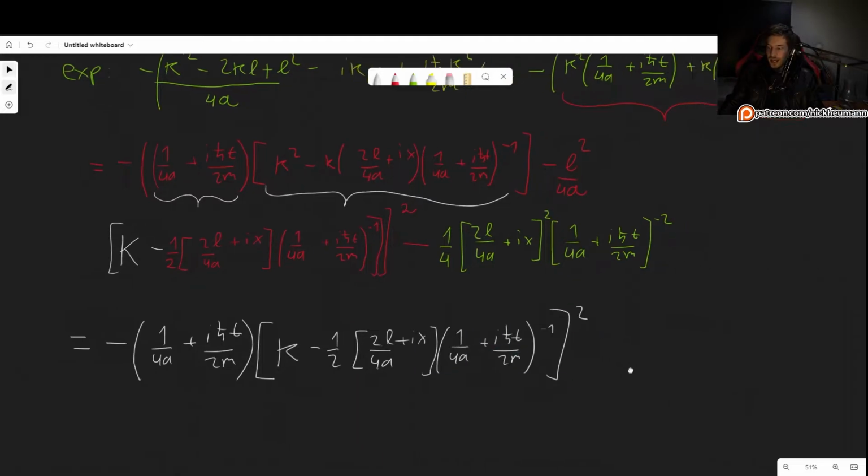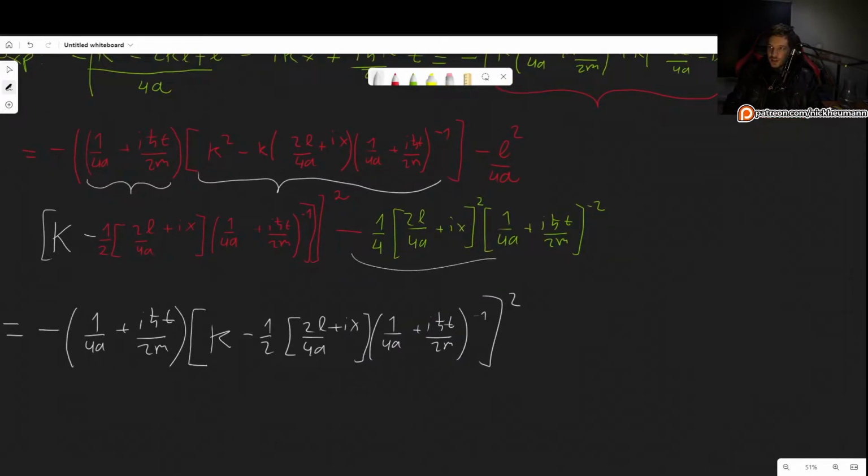Now comes everything that is a constant, which is this part and this part. But we cannot forget that this is also being multiplied by the first term here. So the minus goes to a plus, and then we have 1 over 4. And this part is the same as what we have here. So it goes from to the minus 2 power just to the minus 1. So we get 2l divided by 4a plus ix squared.